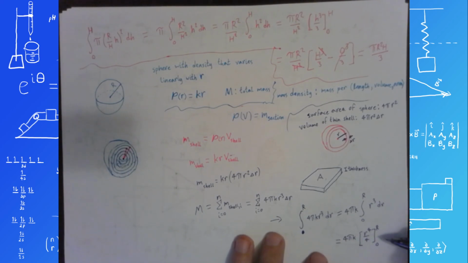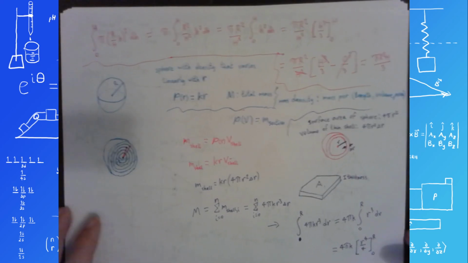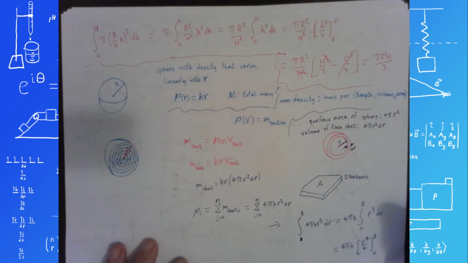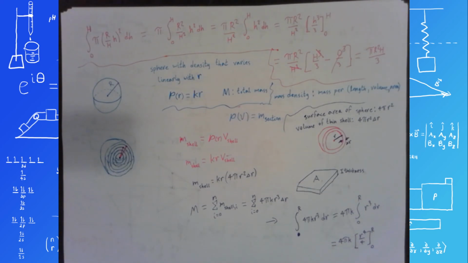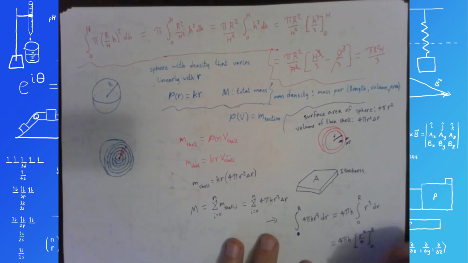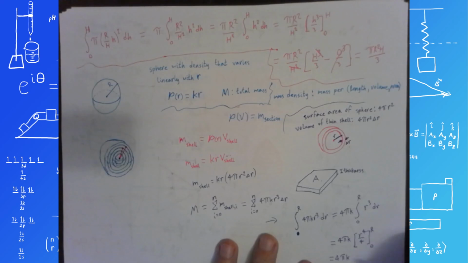Technically, you can skip this step and just skip ahead to big R to the 4th minus 0 to the 4th, but I'm writing these steps in between just because this is probably new to a lot of people. So 4 pi k times big R to the 4th over 4 minus 0 to the 4th over 4.